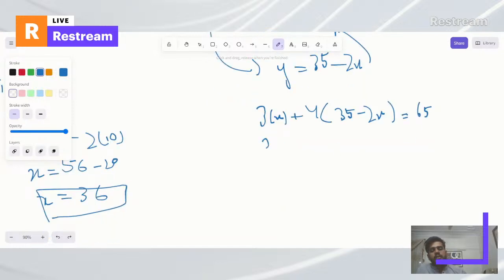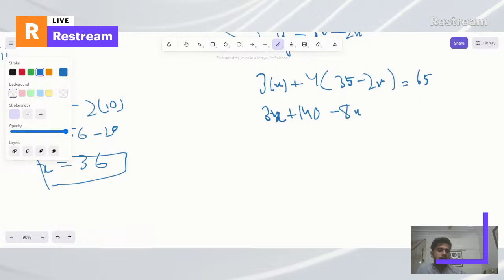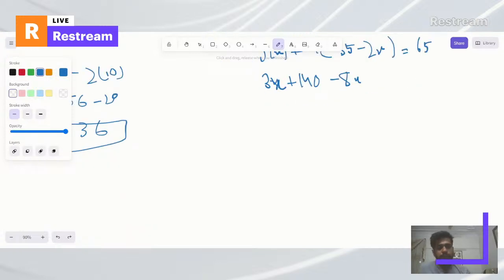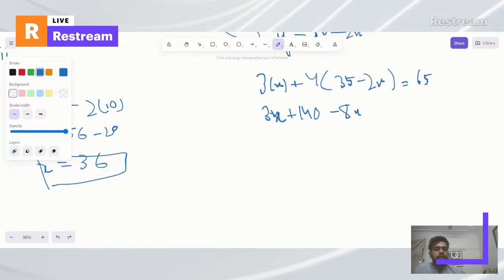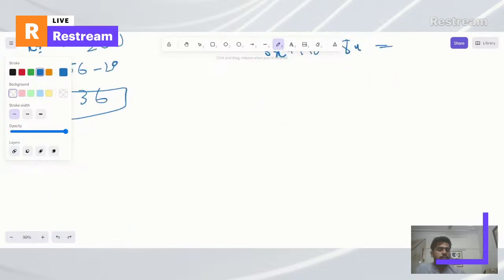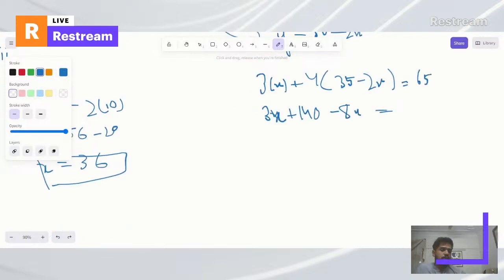All right, so now it becomes 3x plus 4 times 35, which is 140, minus 4 times 2x, which is 8x, equals 65, right?